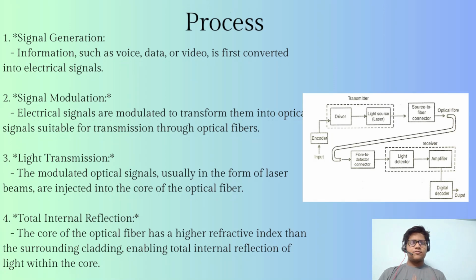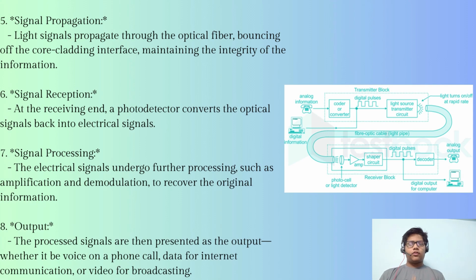Next is signal reception. At the receiving end of the optical fiber, there is a photodetector that converts optical signals back to electric signals. And then the next key element is signal processing. In this process, the electric signals undergo further processing such as amplification and demodulation to recover the original information.